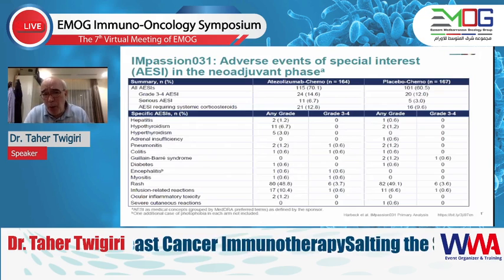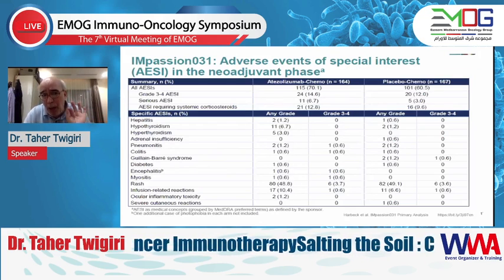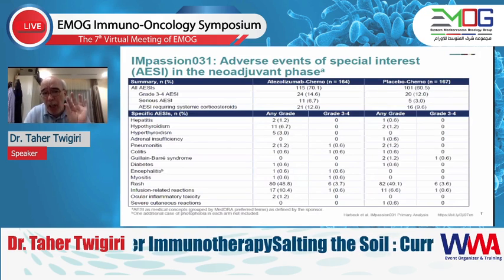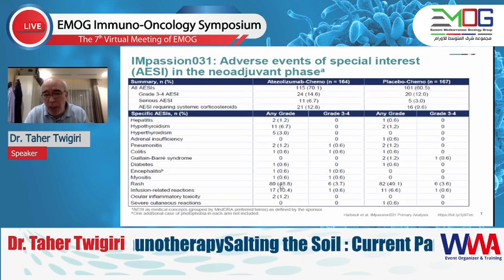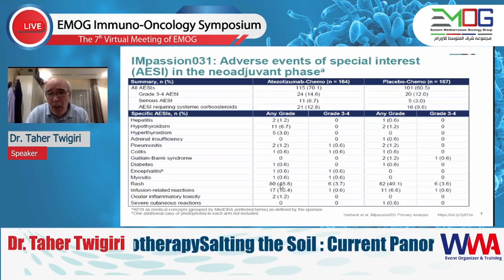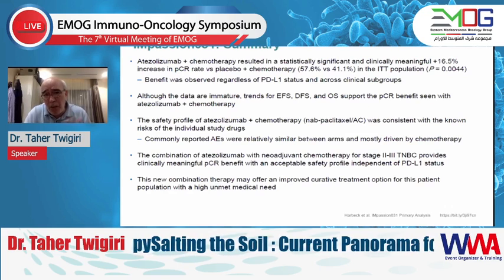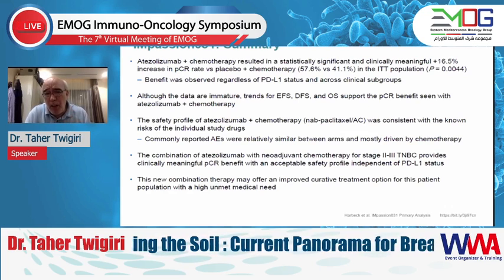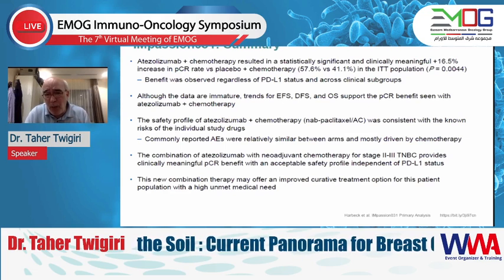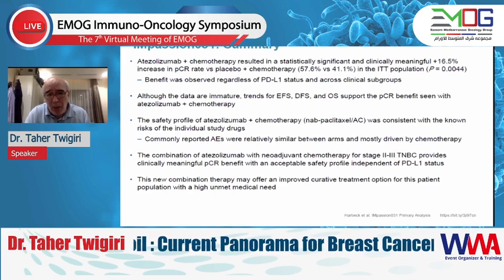Again, I'm not going to repeat the same thing, but just remember hypothyroidism, rash and pneumonitis. You see here the rash, almost 49% have a rash on Atezo and chemotherapy. This is Impassion, which they say is significant, but we are waiting now for event-free survival, disease-free survival and overall survival, and I will tell you the story at the end of this.